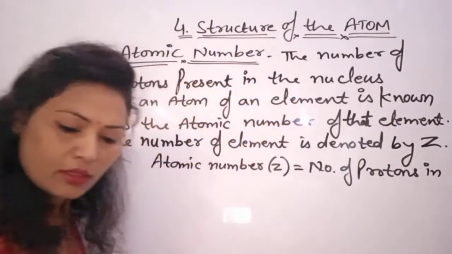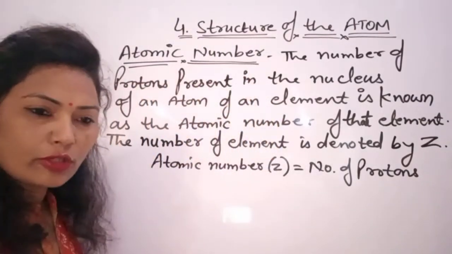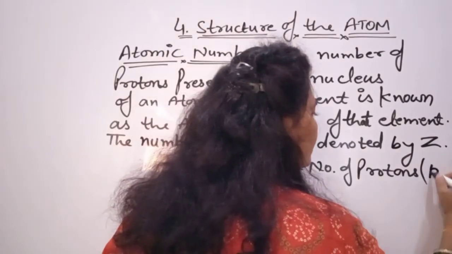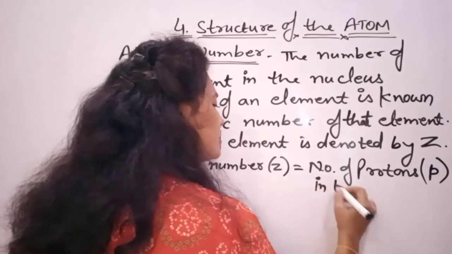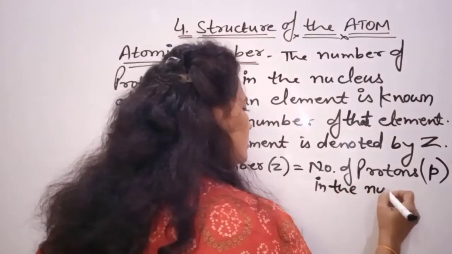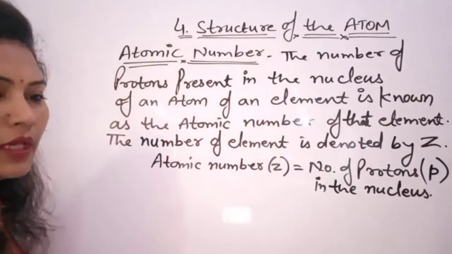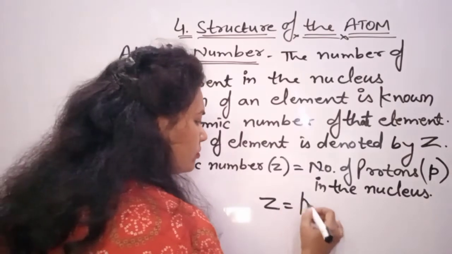How are protons denoted? Protons are denoted by small p. So you can write p in the nucleus. Okay, so you can write the formula Z equals P.